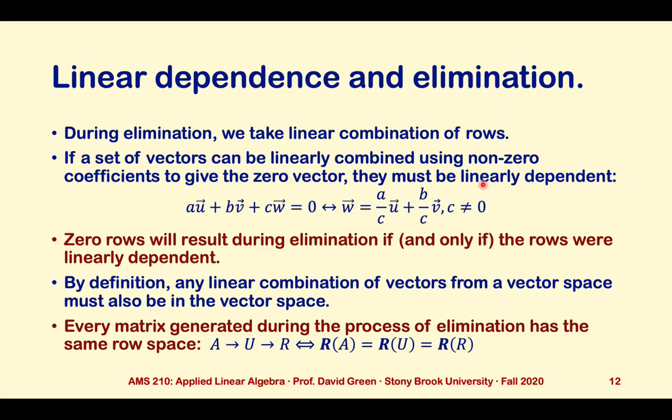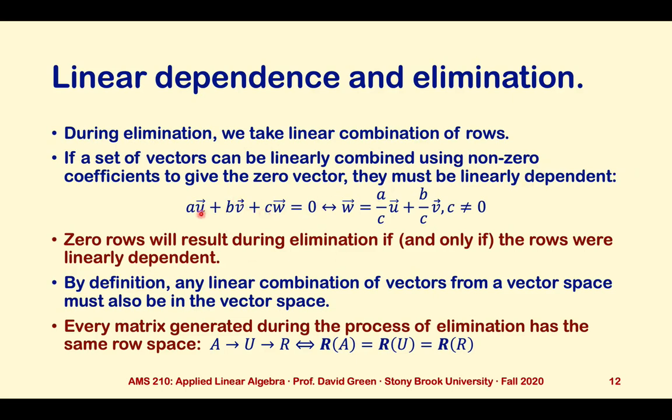It's also fairly easy to show that if a set of vectors can be linearly combined using non-zero coefficients to give the zero vector, that is, if we can find a set of non-zero A, B, and C so that we add together three vectors and they give us the zero vector, then they must be linearly dependent.